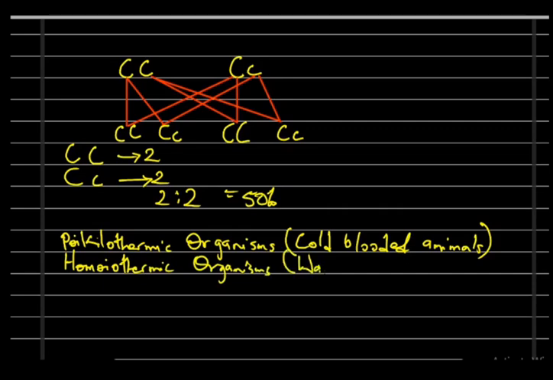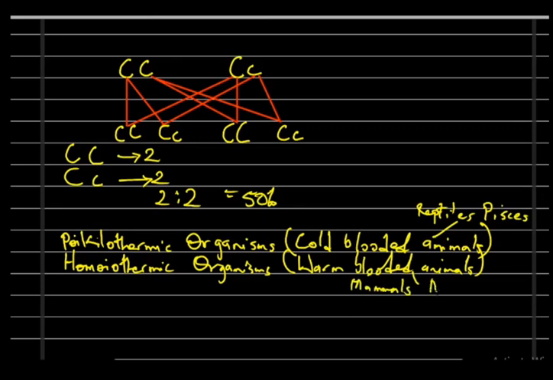These are warm-blooded animals. For the cold-blooded animals, we have the reptiles, we have the Pisces. Those are the examples. Reptiles, as well as the Pisces, the fishes. And then for the warm-blooded, we have the mammals, we have the apes, etc.